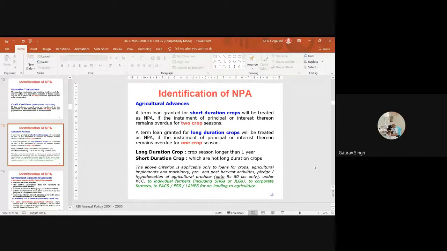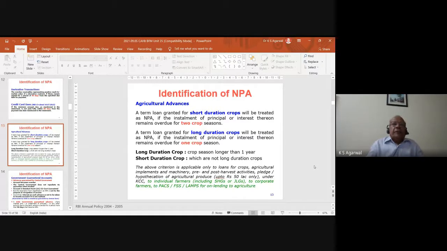Sir, I'm asking about the 90 days from the due date. Look, gentlemen, this 90 days is permissible only for the purpose of NPA categorization. As far as charges are concerned, you have to pay on or before the due date.